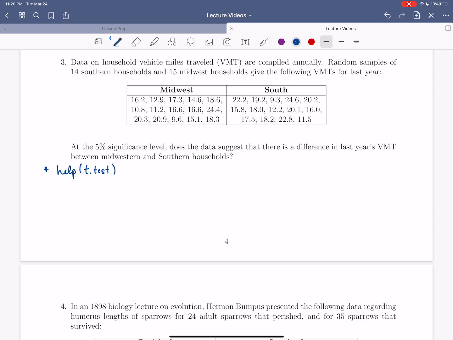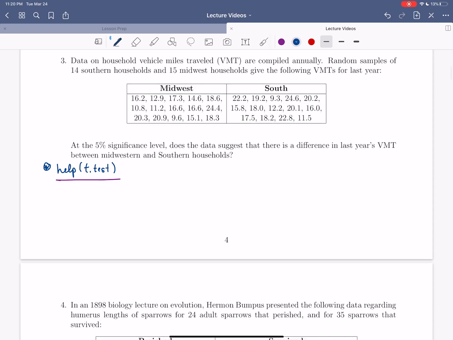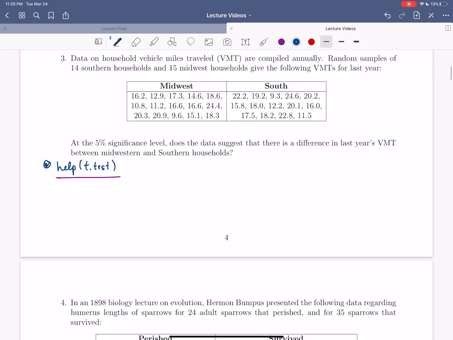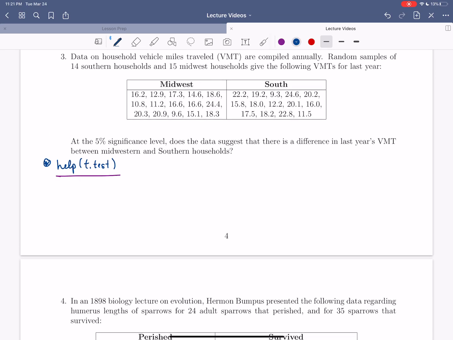So I would urge you to look up in R, just go to R, open it up, type in help, parentheses t.test, and it'll bring up the documentation for this test. This test is awesome. It gives you basically everything that you need to know. If you don't know this test, what you can do is just use R as a calculator, so you do it the old way, and notice that we're just given two big sets of data.